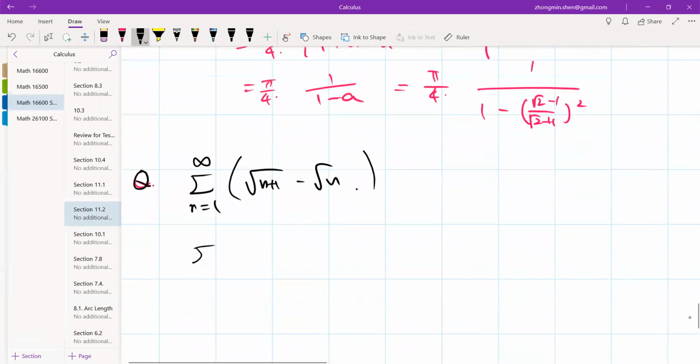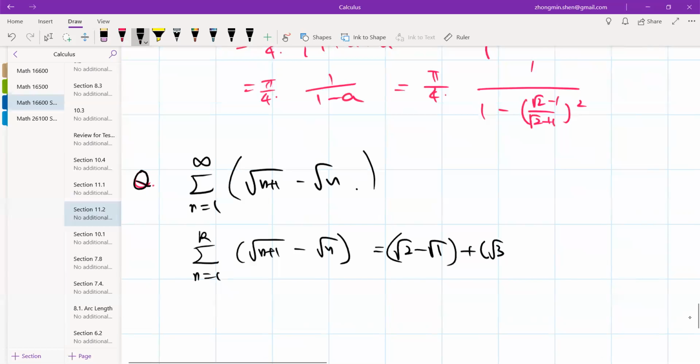You can look at the K-th partial sum, from 1 to K. So when N equals 1, you get square root of 2 minus square root of 1. Then plus, when N equals 2, square root of 3 minus square root of 2. And N equals 3 is going to be square root of 4 minus square root of 3. And keep going, the last term is N equals K.